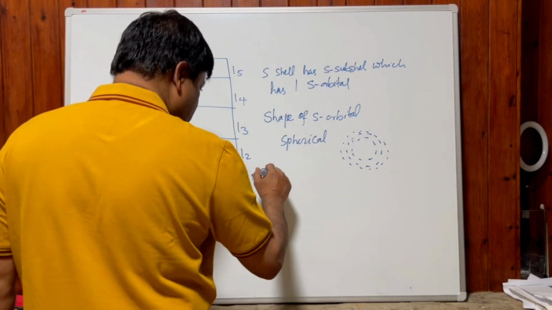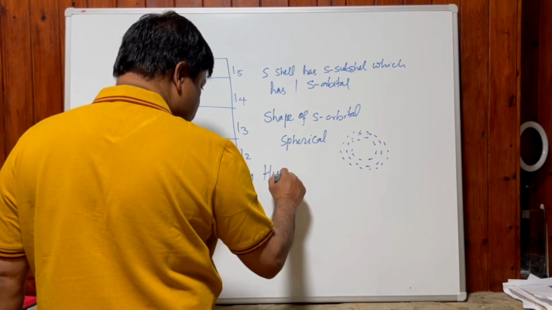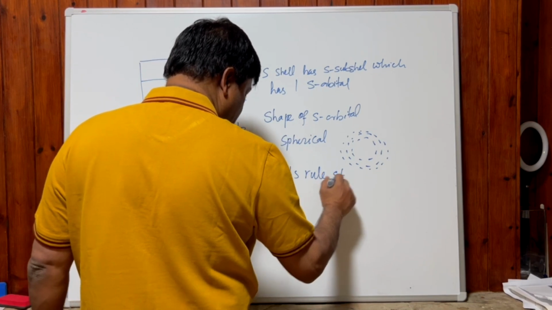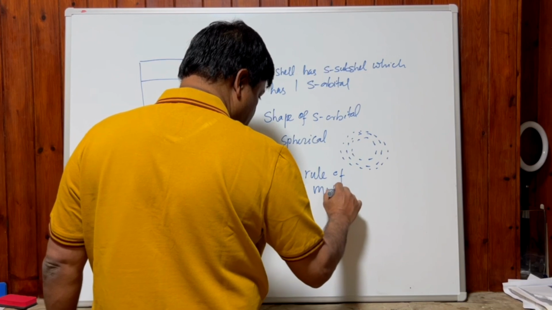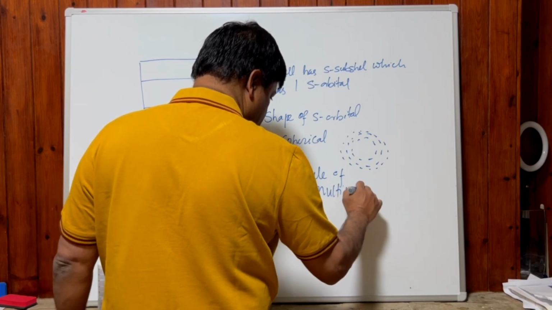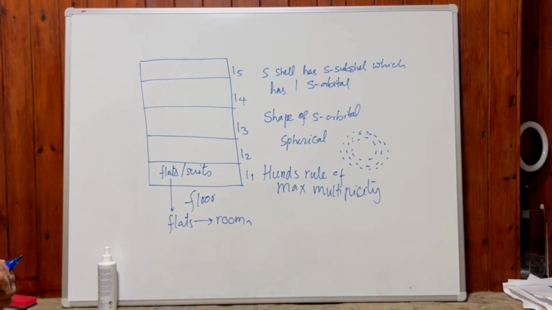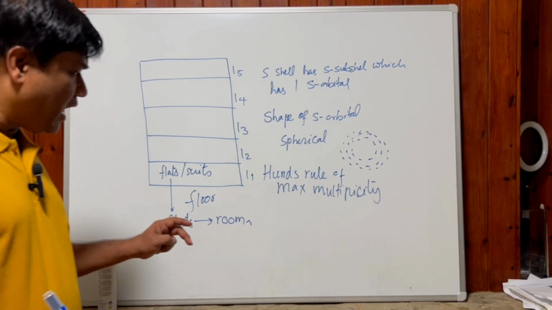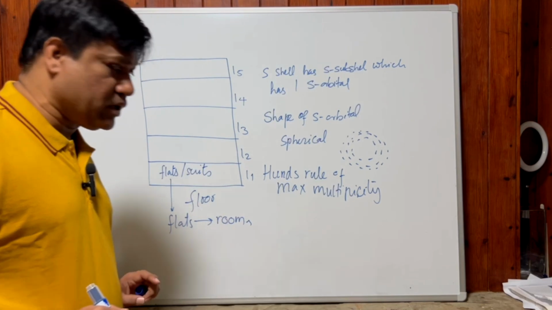One more scientist gave a principle called Hund's rule of maximum multiplicity, or we call it Hund's rule. According to that, we can have only 2 electrons in each orbital.